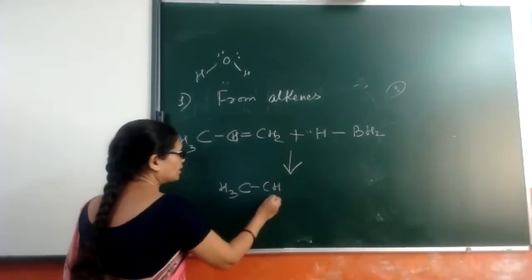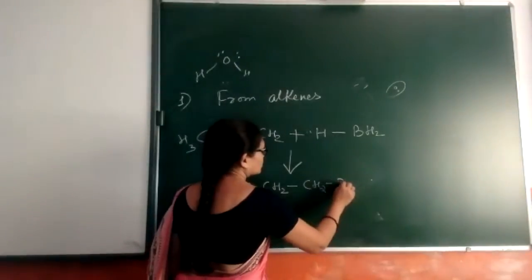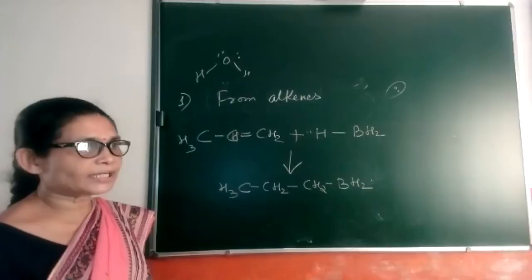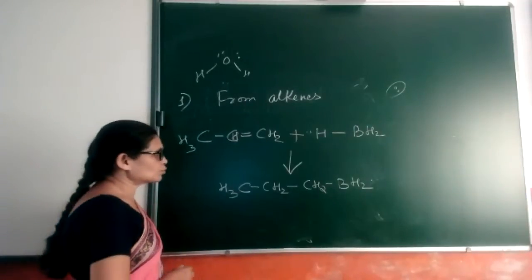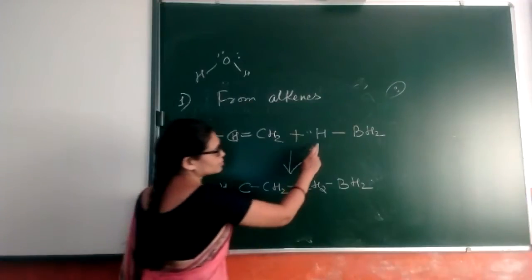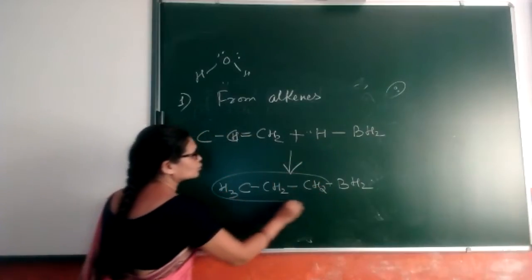H will come here, CH2. This compound we will give. Simple addition. At last we will use H2O2. So what we are getting, you see, from this BH3, one hydrogen has been replaced with this alkyl group.